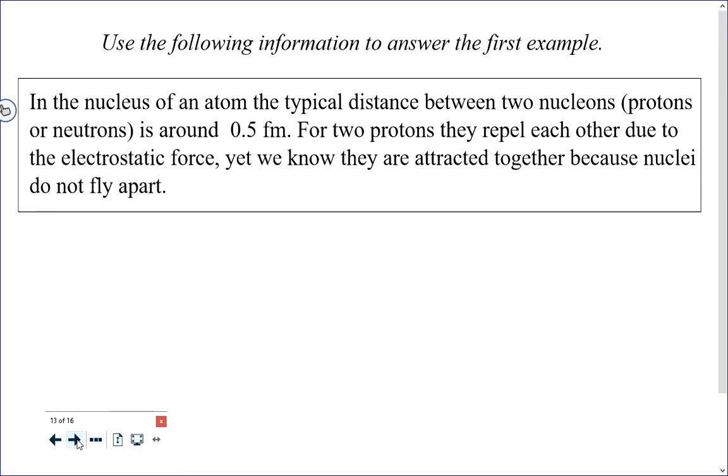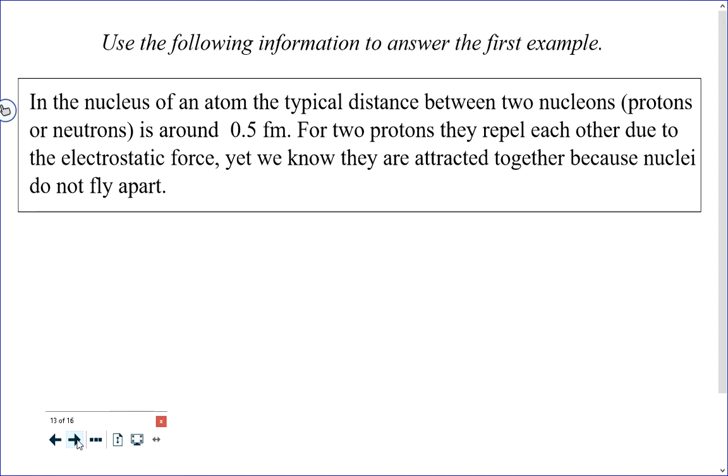All right, we're going to be doing an example now. In a nucleus of an atom, a typical distance between nucleons, which are protons and neutrons, is around half of a femtometer. Now, if we consider two protons that are that close together, they are pushing away from each other.